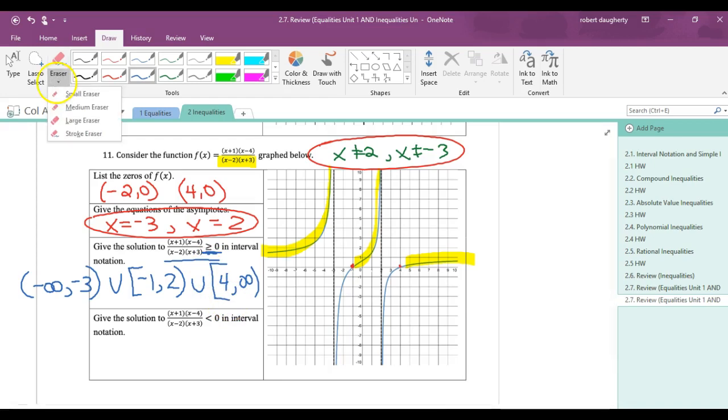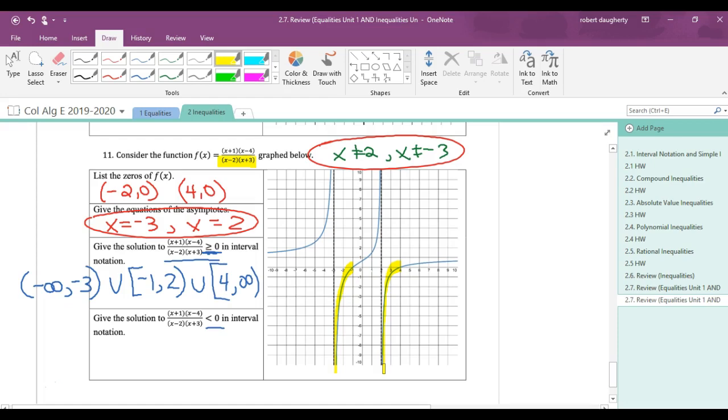Now they're asking me, where's the graph less than 0? So if I look at that, the places where that happens are going to be right here. And if you look at this spot here, there are 2 intervals where I'm less than 0.